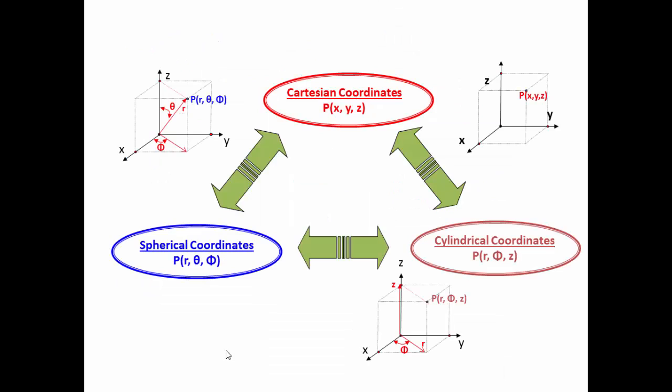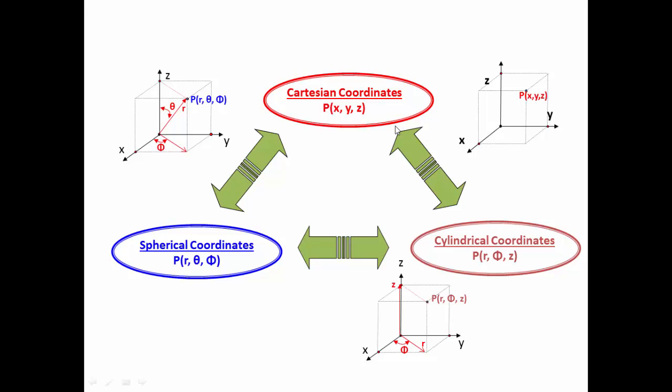For the conversion, you have the point in Cartesian coordinates. What is the equivalent conversion of this point in spherical coordinates?